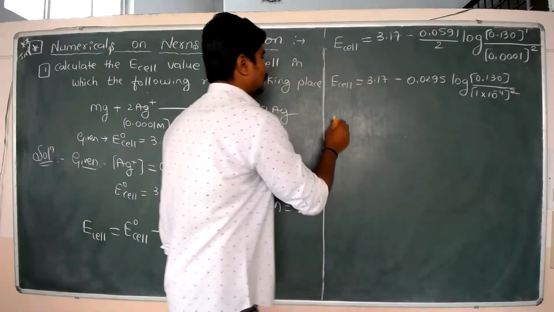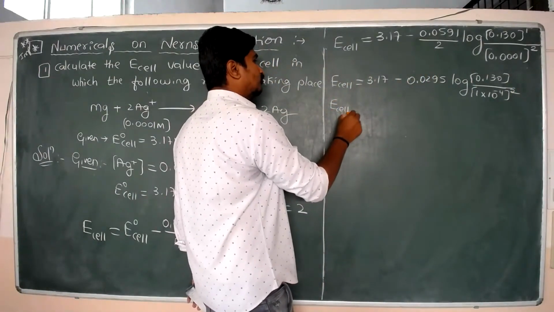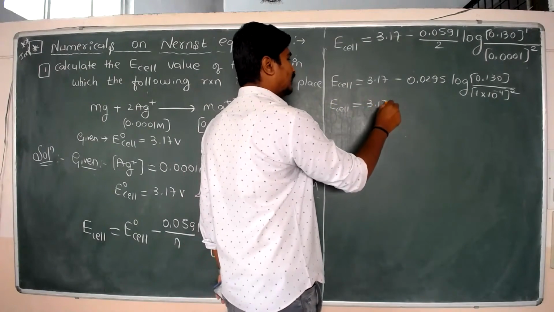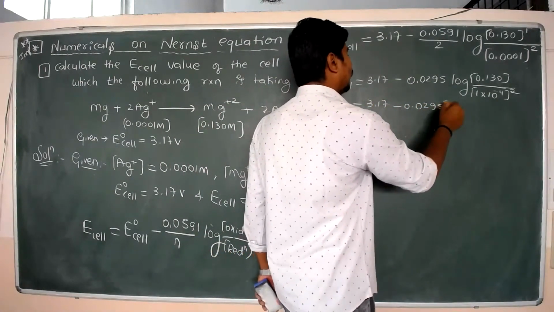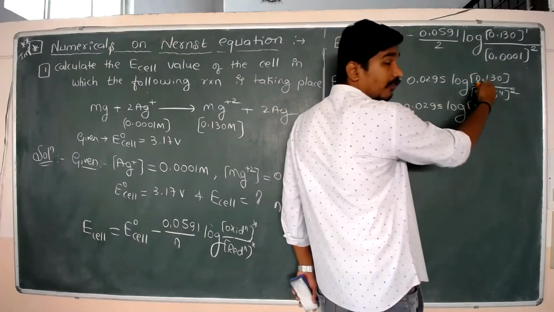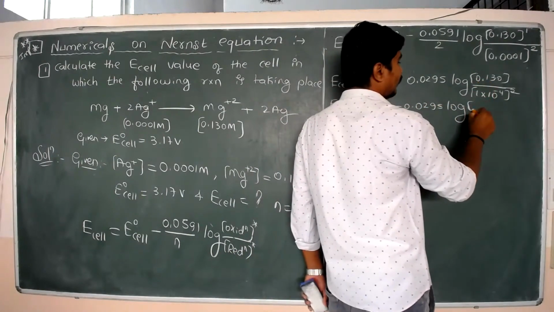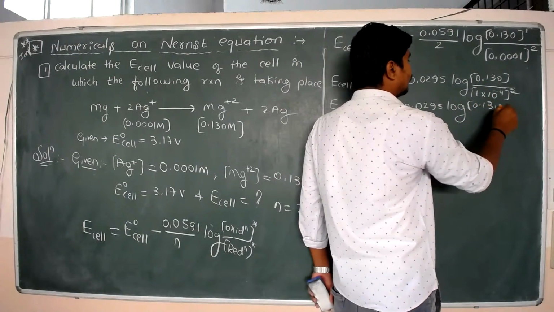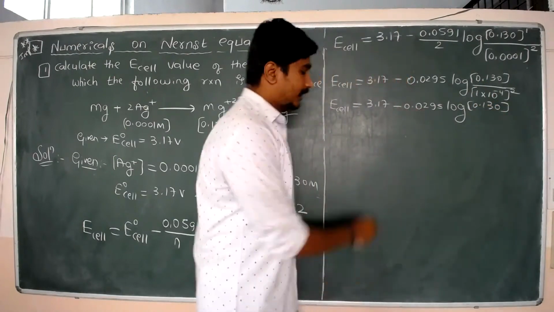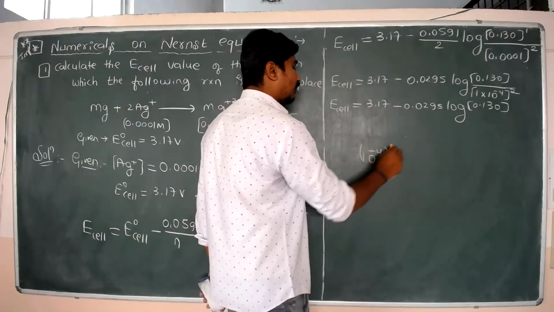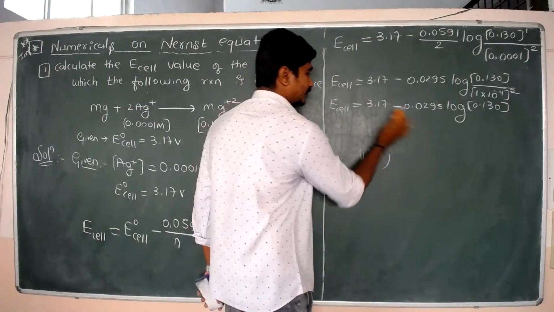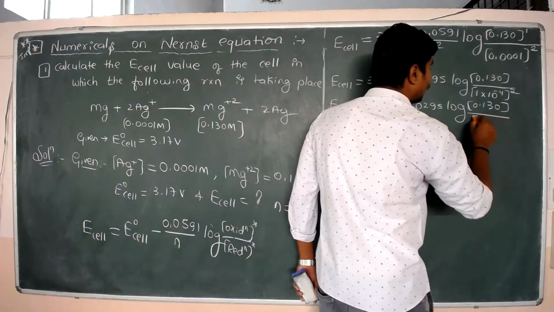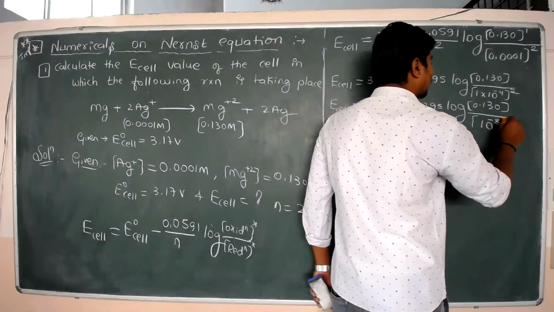Now, E cell is equal to 3.17 minus 0.0295 log of this value as it is. It will be 0.130. Now, what happens here? 10 to the power minus 4 is there. Square means you just multiply these two. It will become 10 to the power minus 8. Therefore, it will be divided by 10 to the power minus 8.